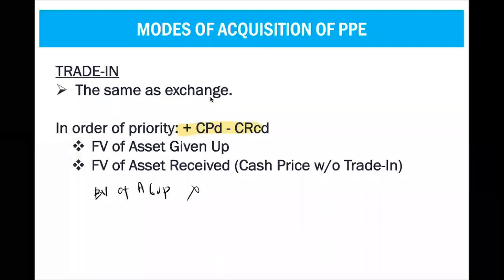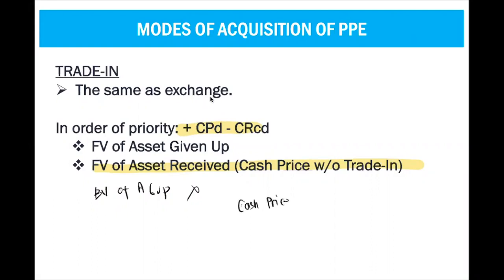Sir, what if there is no fair value of asset received? The fair value of asset received is also known as your cash price without trade-in. Tandaan niyo yan. Pag hindi nyo alam yung fair value of asset received, yun yung cash price without trade-in. Okay? Sir, how about the cash price with trade-in? Wag yun. Okay? So, sir, paano kung ang given lang is cash price with trade-in, tapos may trade-in value?